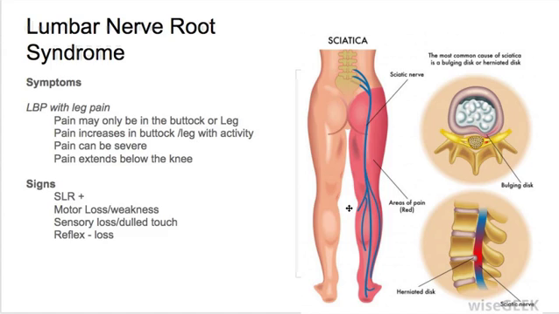Here we're going to talk specifically about lumbar nerve root syndromes because they constitute about 5% of all low back pain problems, and it's something that we still may help with management of.